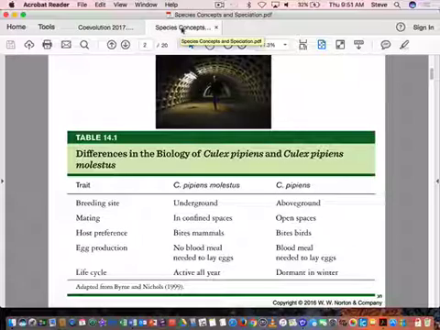In the London Underground, there's, I don't like the terminology they have here, but the species in the London Underground is Culex pipiens molestus, okay? And it lives in the underground. Above ground is another mosquito, Culex pipiens, which differs in biology and lives above ground.